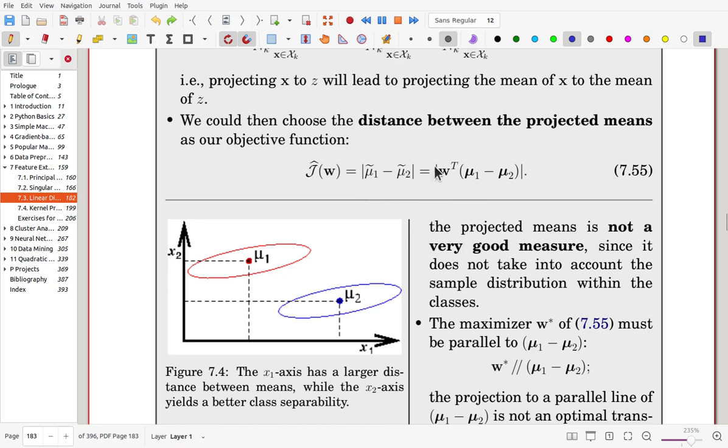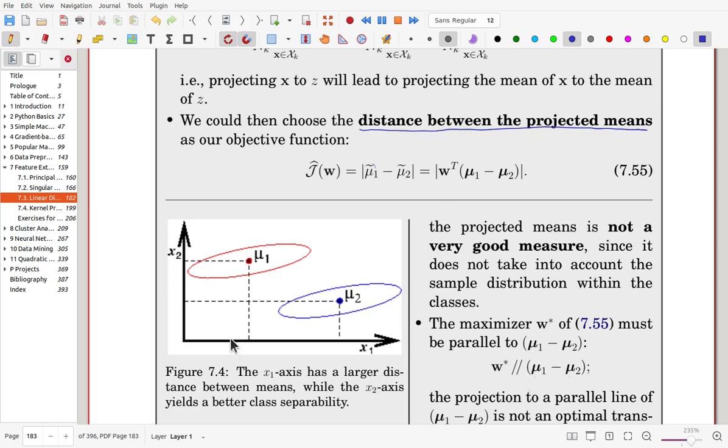Here we have to choose W parallel to mu1 minus mu2.